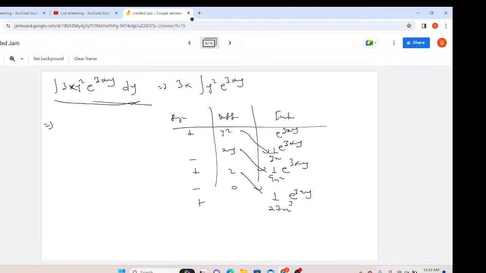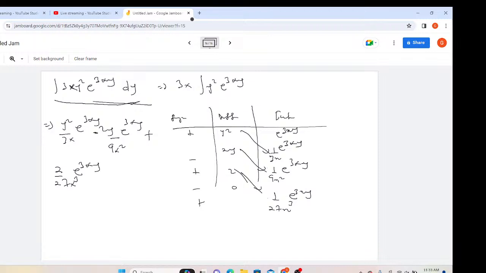We get y squared on 3x exponential 3xy minus 2y over 9x squared exponential 3xy plus 2 over 27x cubed exponential 3xy.